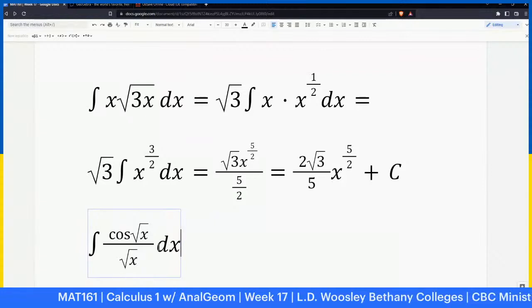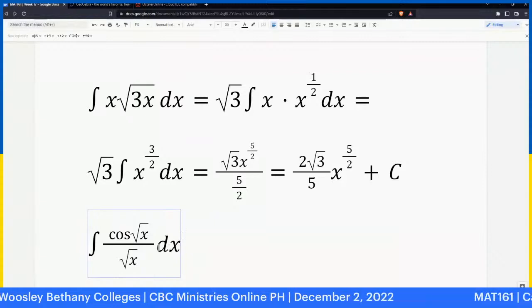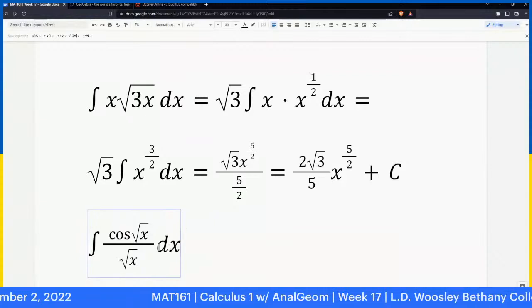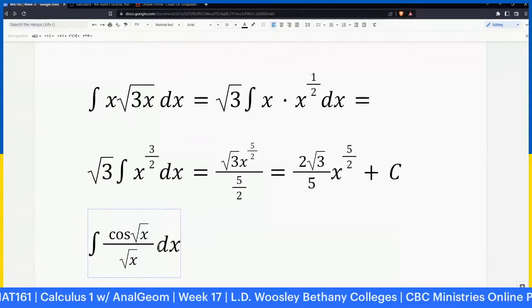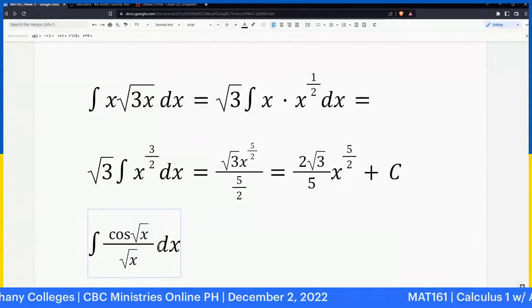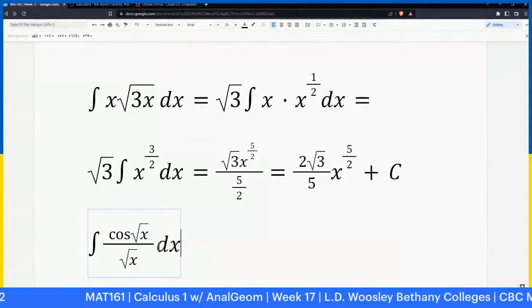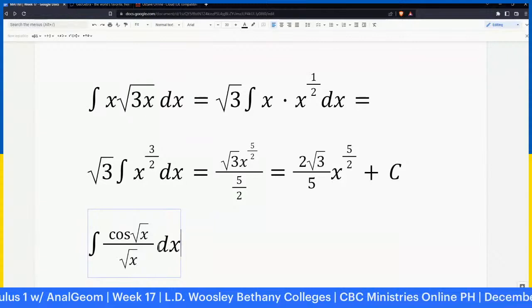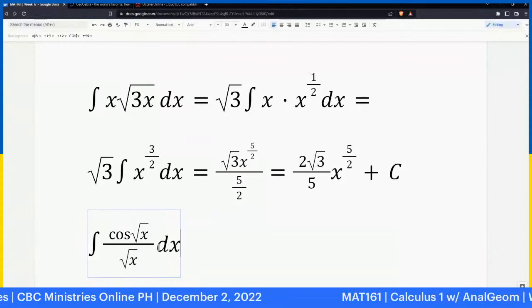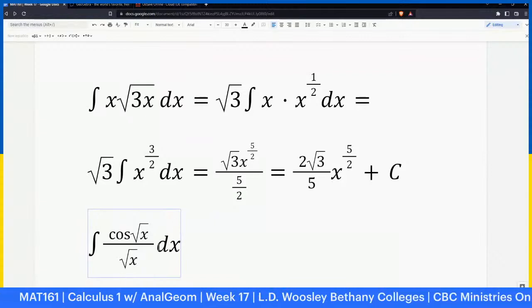So think about that. Integral of cosine square root of x all over square root of x dx. Any idea how to attack this problem?